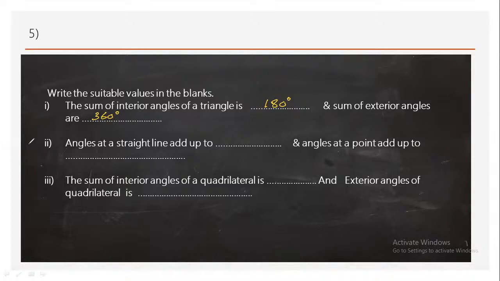And angles at a straight line add up to 180. Angles at a point add up to 360. The sum of interior angles of a quadrilateral is 360 and the exterior angles of a quadrilateral also 360. Don't forget, every day I am telling you, any polygon, even triangle, even quadrilateral, pentagon, hexagon, exterior angles always 360. But interior angles differ according to the number of sides.